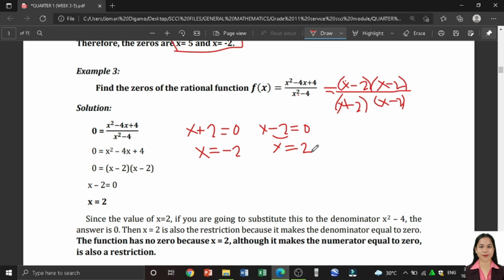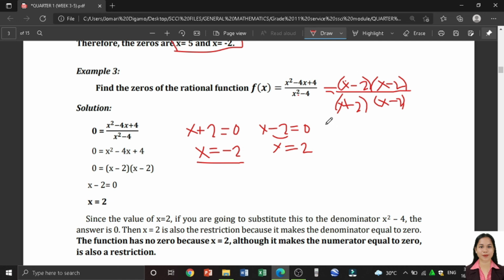Okay, so these are now the restricted values. Negative 2 and positive 2 are not allowed as values of the denominator because it will equal 0, meaning the given function becomes undefined. So any values of x are allowed except negative 2 and positive 2.